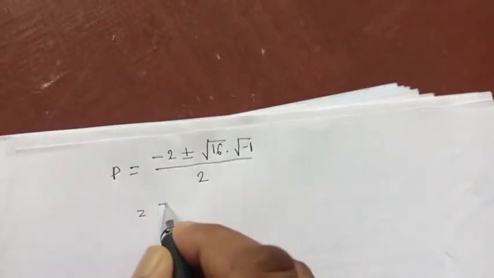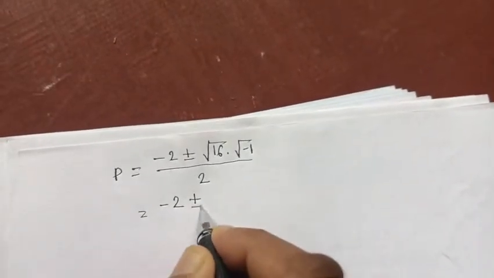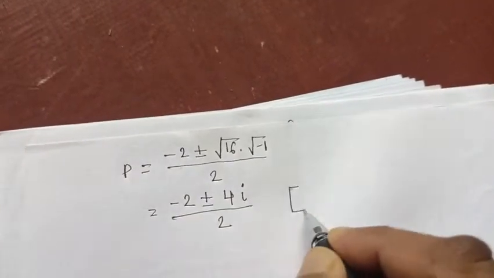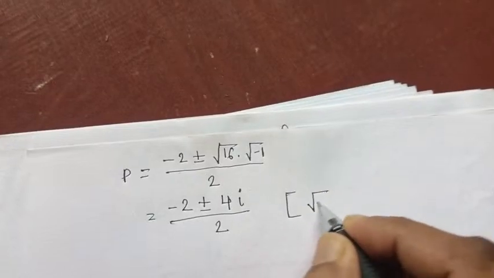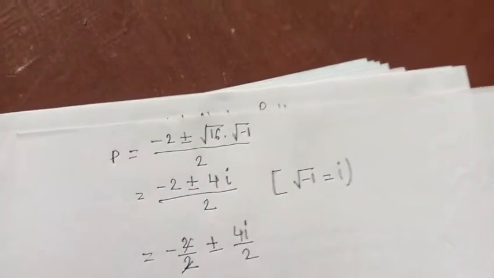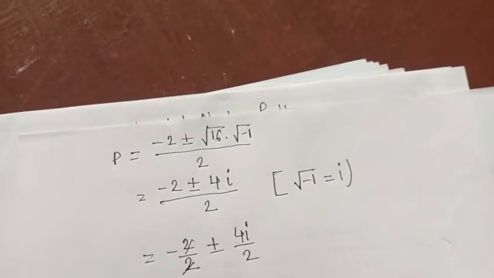So now minus 2 plus minus 4i, as in complex numbers we can express root over minus 1 as i. Now we divide both sides by 2, and the expression becomes, that will cancel out, minus 1 plus minus 2i.